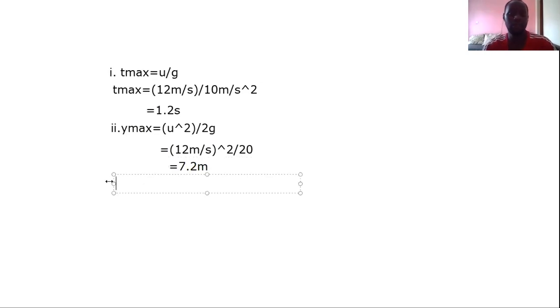Question number 3. It is time of flight or the total time. Time to go up plus time to go down. Time of flight is equal to double Tmax.